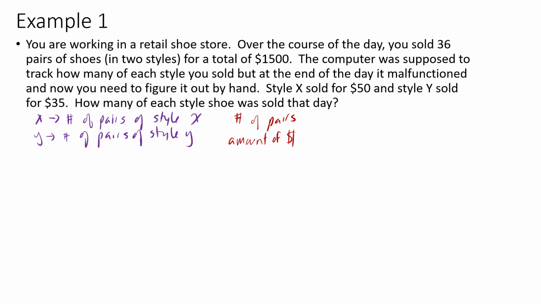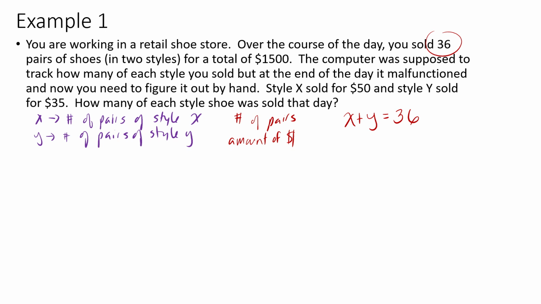We know stuff about the number of pairs and we know stuff about how much money we took in. So here's what I know. In terms of the number of pairs, I know that we sold 36 altogether. So if X is the number of pairs of one style and Y is the number of pairs of the other style, then X plus Y would have to equal 36.